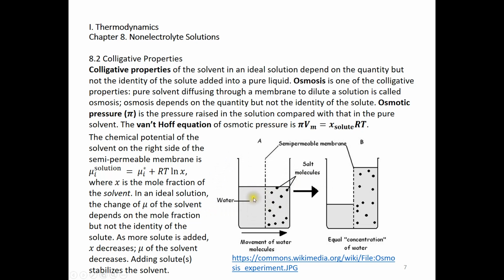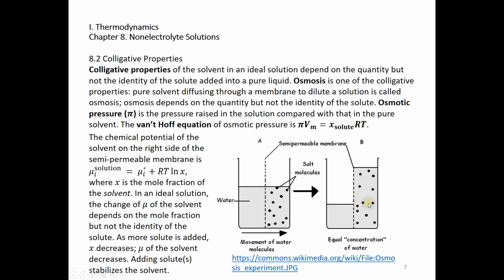On the left hand side we have a mole fraction of 1. On the right hand side we have a mole fraction less than 1 for water. So that means the chemical potential of water on the left is higher than the chemical potential on the right. Therefore water diffuses through until it's balanced by this height difference.